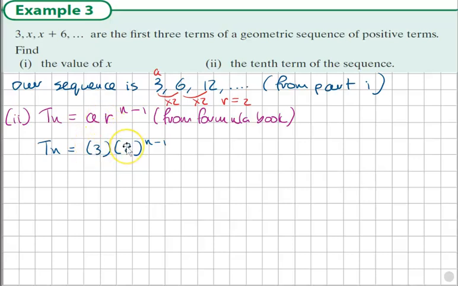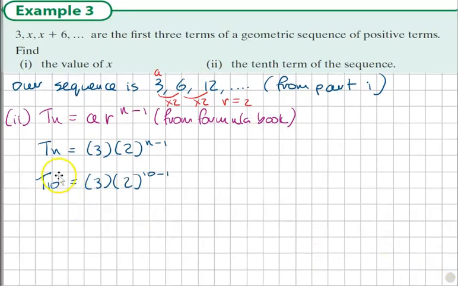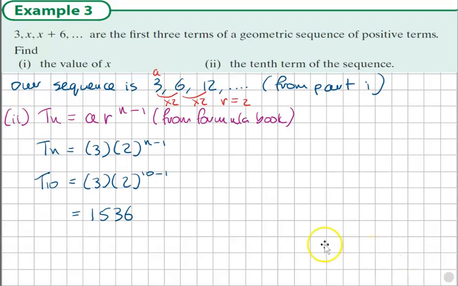We replace r with 2 in a set of brackets. And to get term 10, which is what we're looking for in part 2, we replace the n with 10. And into the calculator, we get 1,536. So the 10th term of the sequence is 1,536.